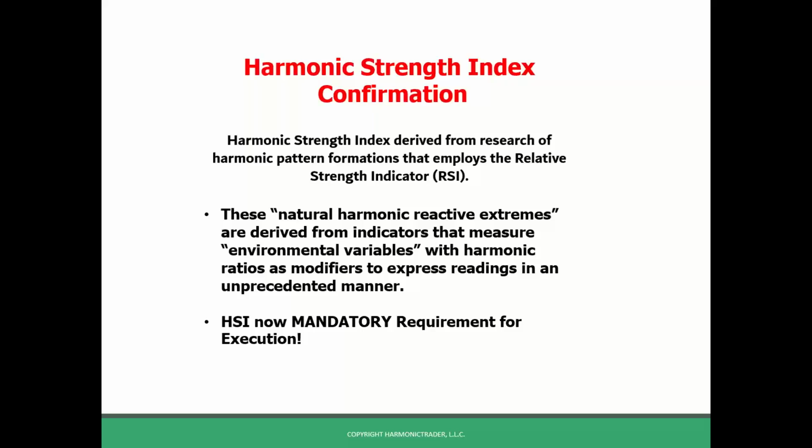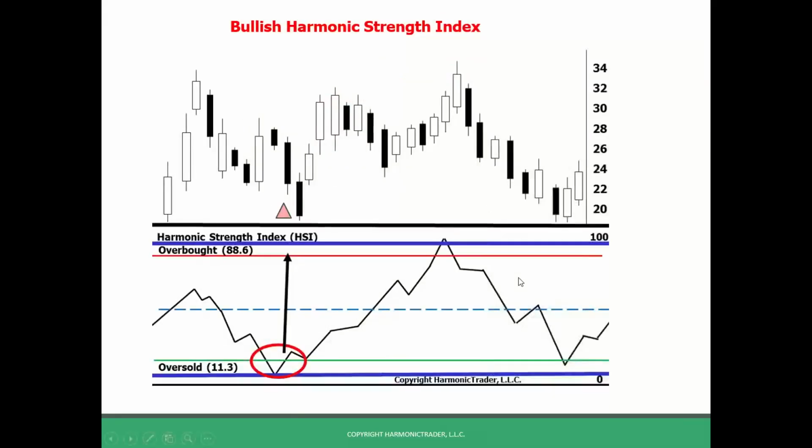The RSI is fantastic and is a primary validation factor for me for any pattern. But HSI and the advancements we were able to bring into it just expresses the reactive nature in a better manner. And it also moves from extreme to extreme. So it's a mandatory requirement for all executable opportunities.